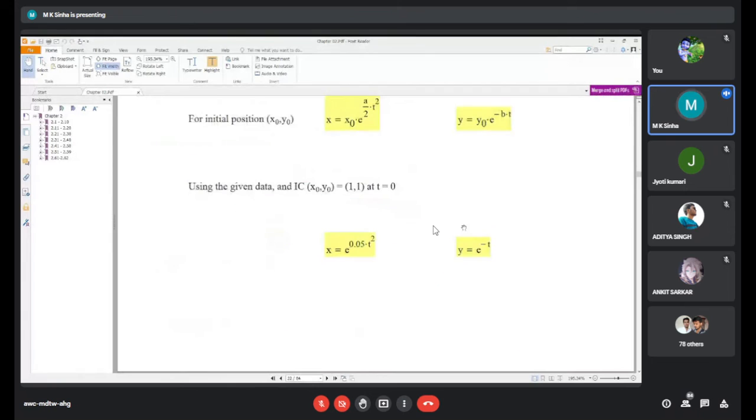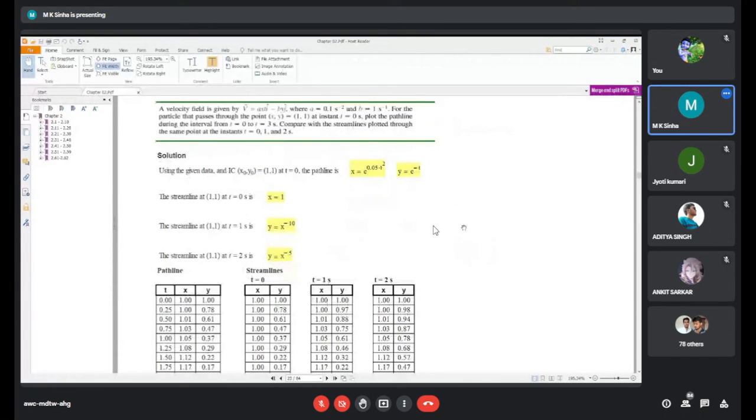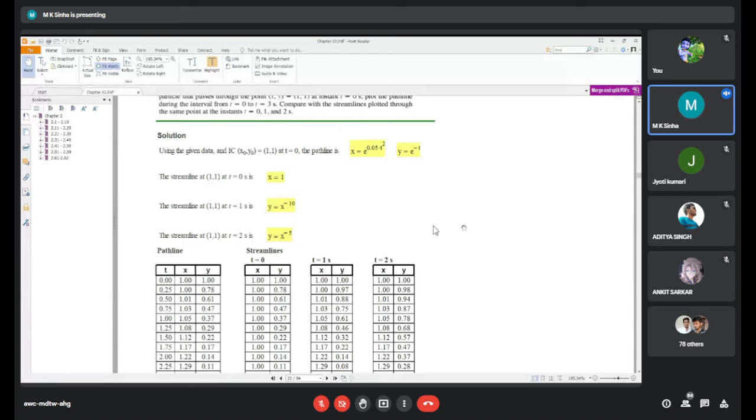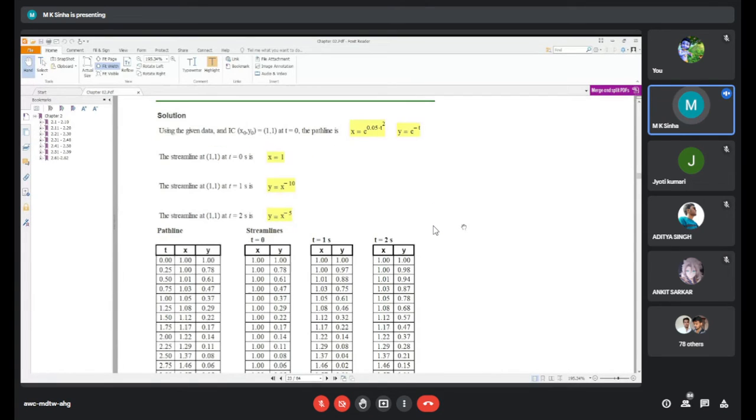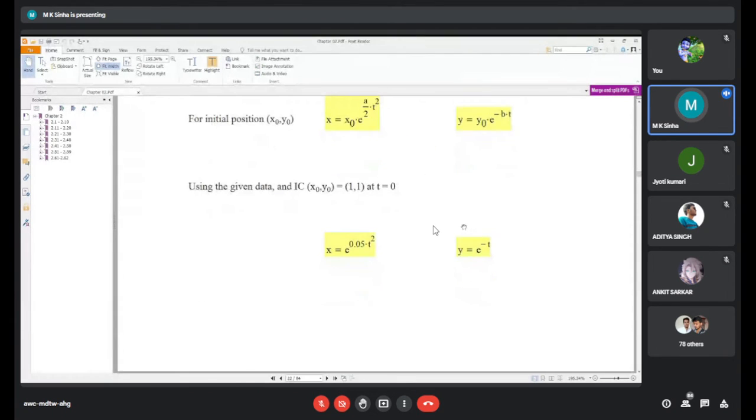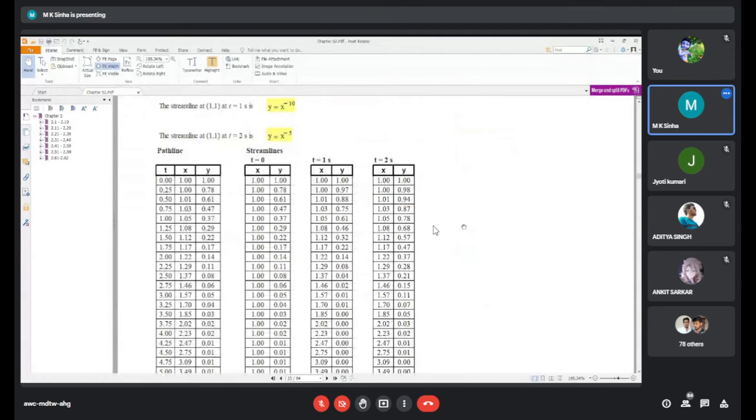Am I right? What we did here: equations, then path line, where x, y, and t are related. So t is given in some interval, 0.25, x is chosen, and the relation is mentioned for xy. At the initial time it is (1, 1), then 0.25, 1.7.